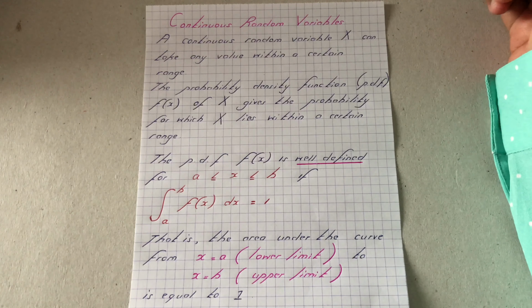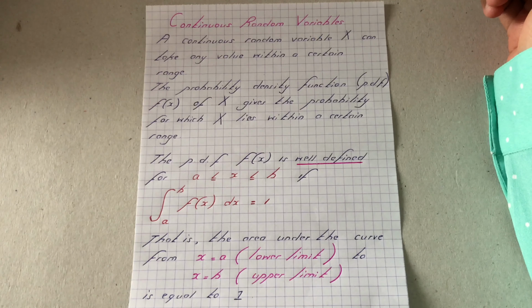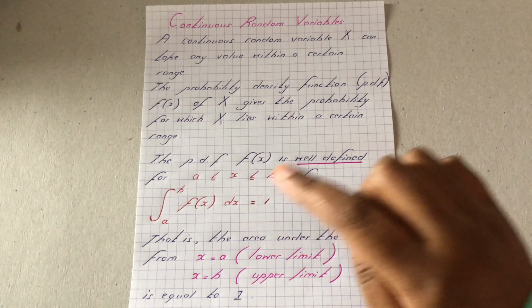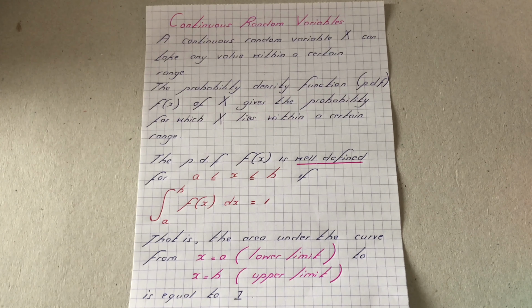The probability density function, PDF of x, f of x, gives the probability for which x lies within a certain range. The PDF f of x is well defined for x between a and b if we integrate between a and b, f of x dx, and it equals 1.